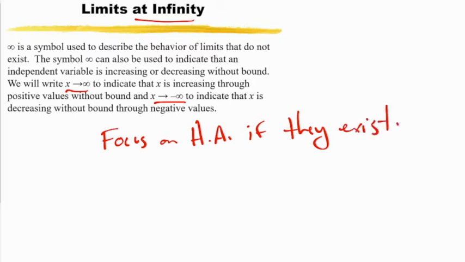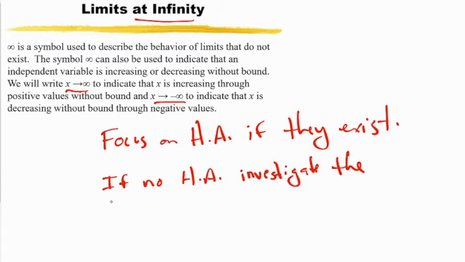If they don't exist, then the graph goes either to positive or negative infinity, and we have to know the end behavior of the graph. If no horizontal asymptote, investigate the end behavior of the graph.